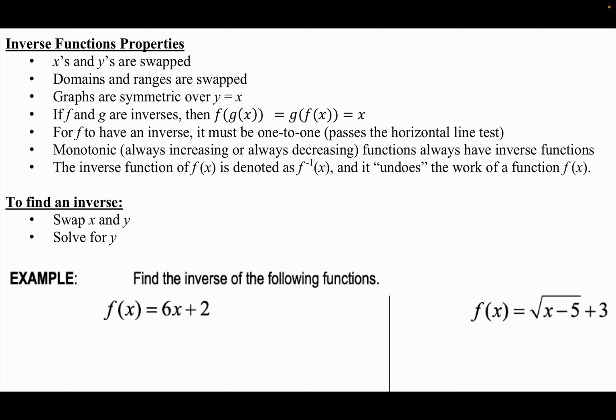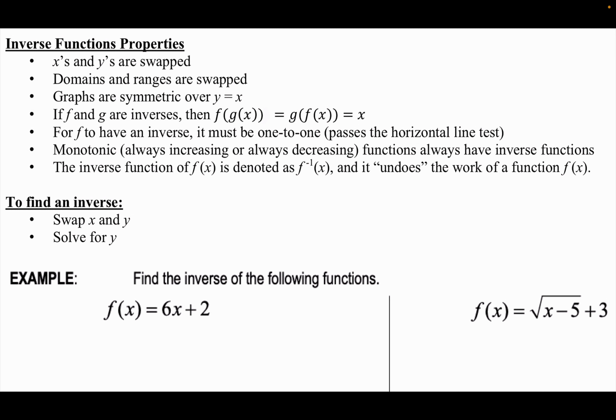So for a function to have an inverse, the degree has to be odd, okay? That's this bullet point here. What's called one-to-one. It has to pass the horizontal line test you did back in junior high, Math 1.